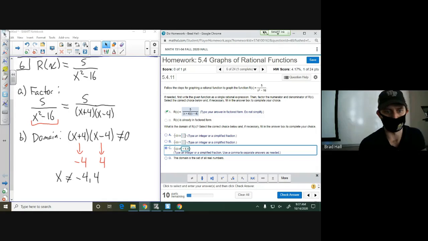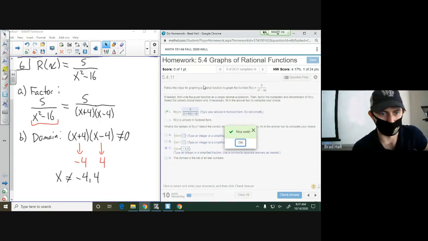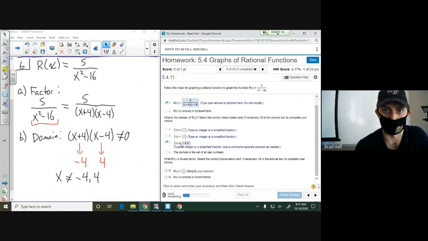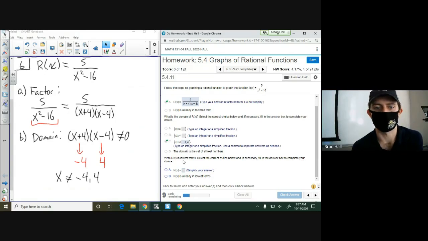I'm going to put it in this blank because answer choice C has a not equal sign as opposed to a less than or a greater than or equal to sign. It also goes on to ask what the function in lowest terms is.